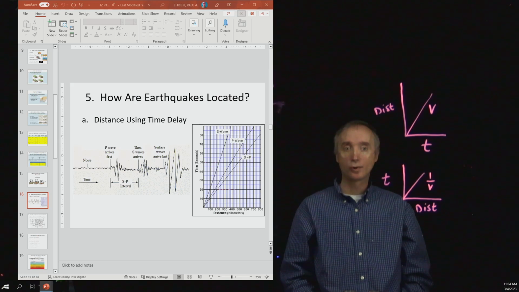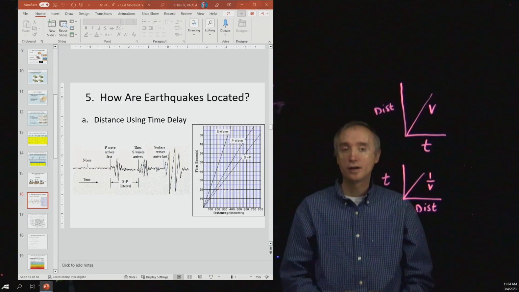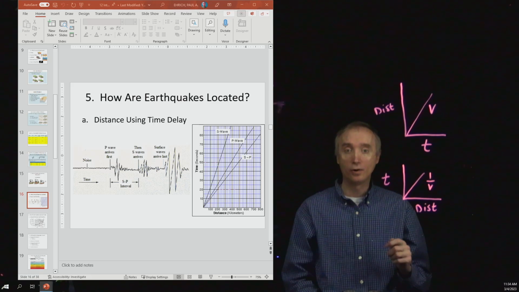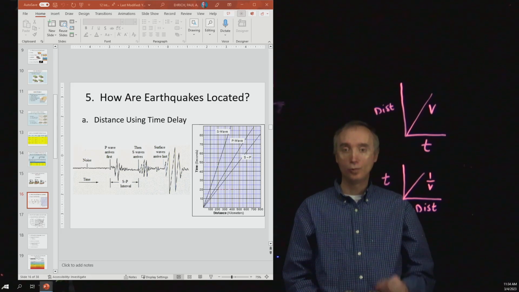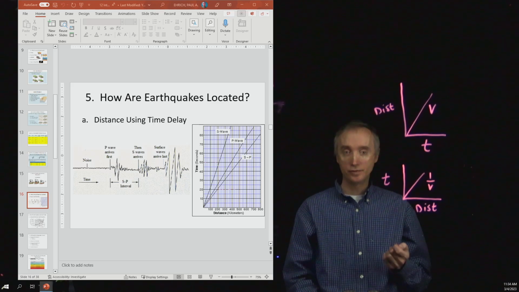That's the one we're going to be interested in, because we can use that time delay to figure out how far away a particular earthquake is. So for example, let's say that we measure the arrival time of some P waves, and then we measure the arrival time of some S waves.